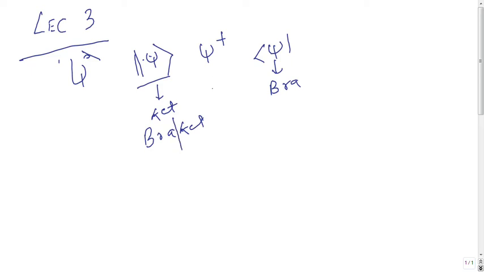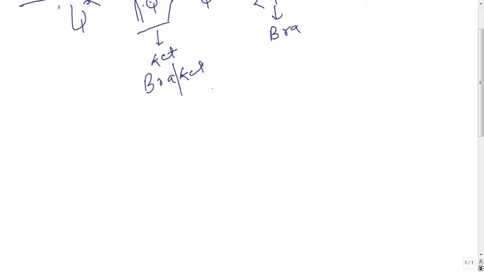So this is what is Dirac notation, and the inner product, if you recall, between two vectors phi and xi was given by this, which is equal to phi dagger xi.